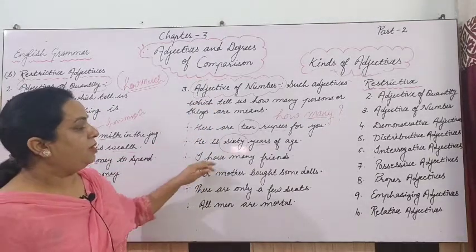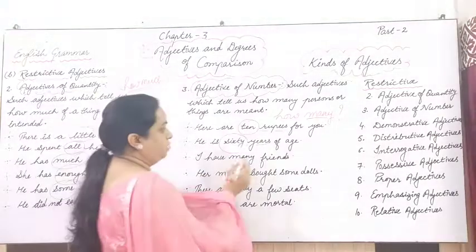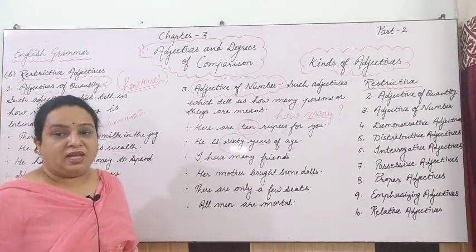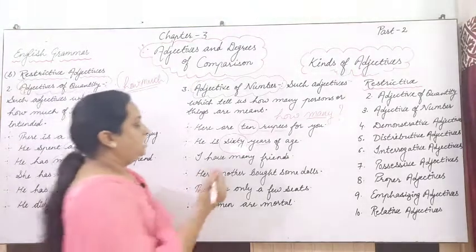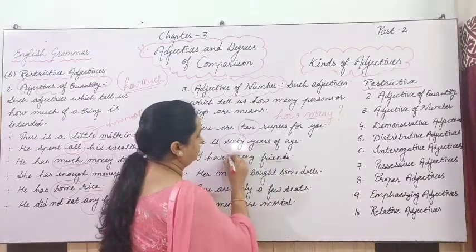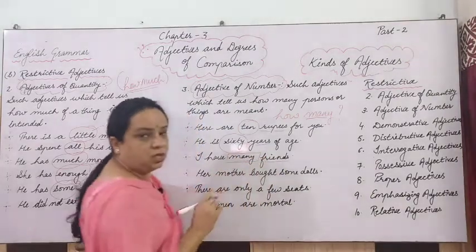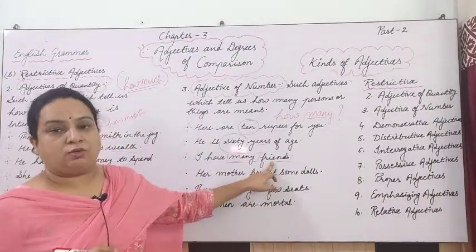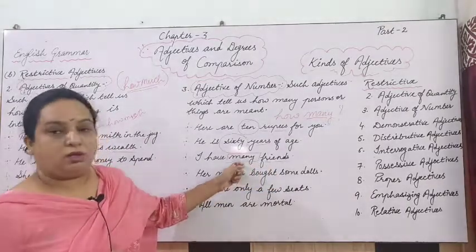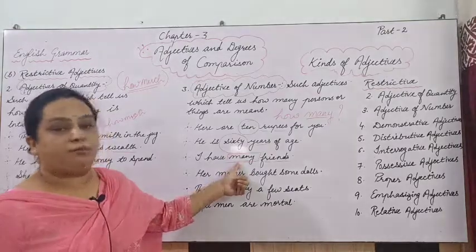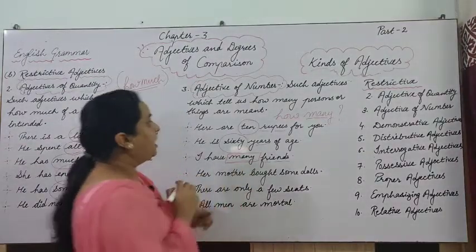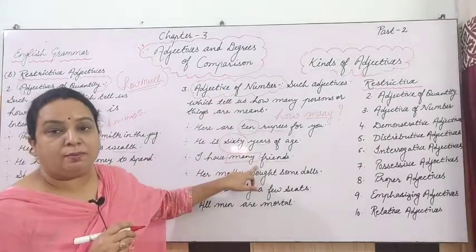Next one, "I have many friends." Here the exact number is not given, but "many" is given, right? This many is with friends, and friends is countable. So before countable nouns we have "many," right? So this word "many" is working as an adjective of number.